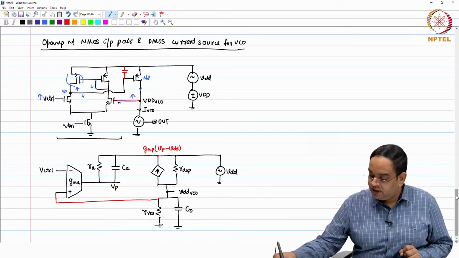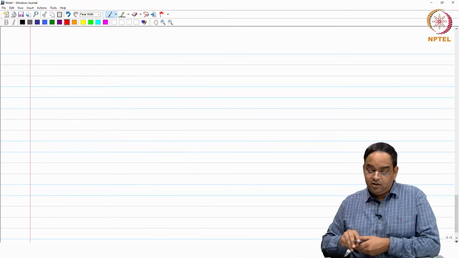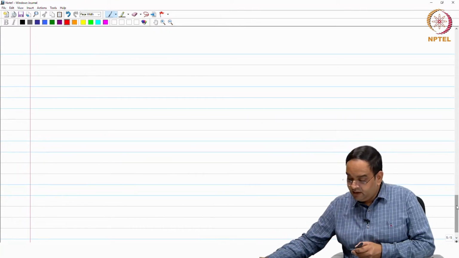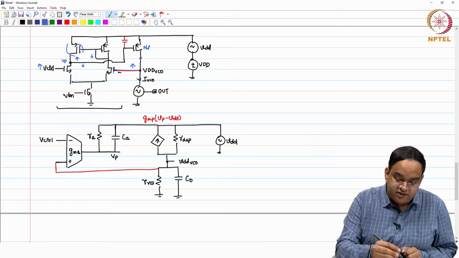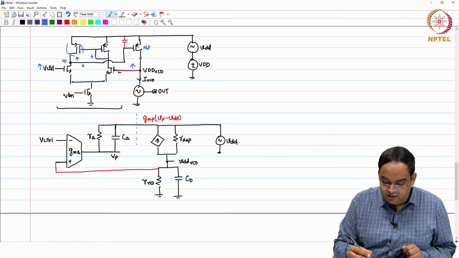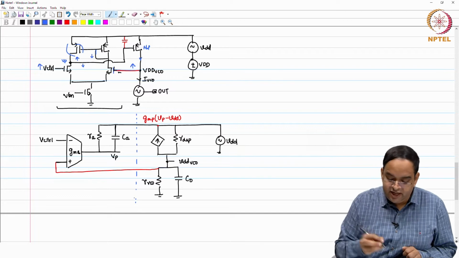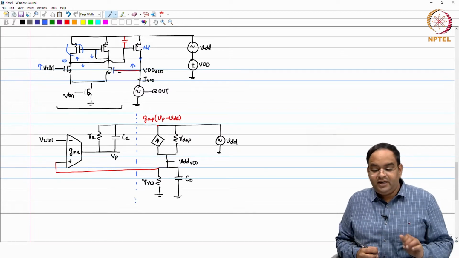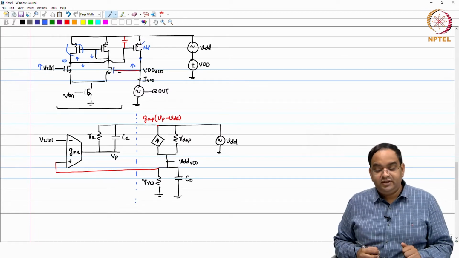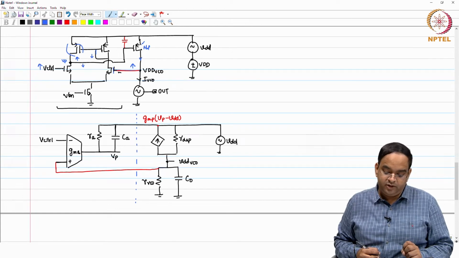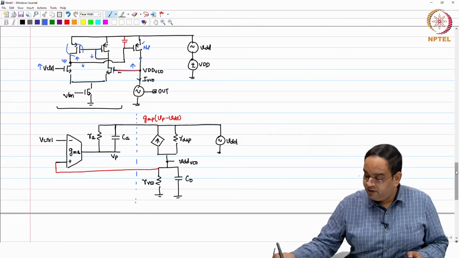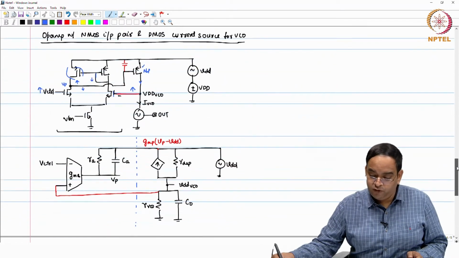So, this is the small signal model of our supply regulated oscillator, and if I draw a dashed line, the left side is the amplifier and the right side is your PMOS current source and the respective load from the oscillator. Now, given this, we have to look for two things.